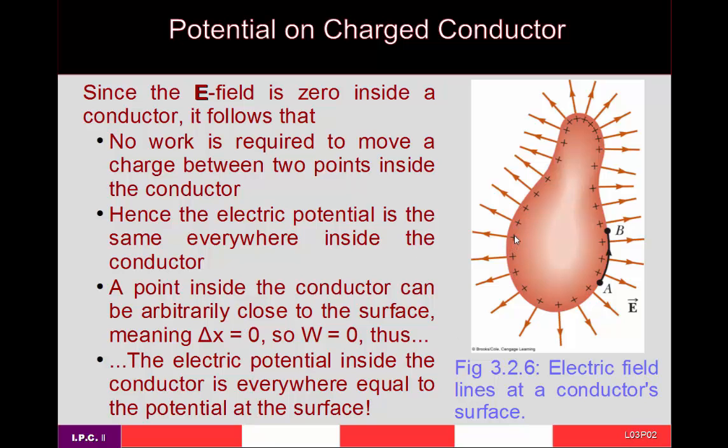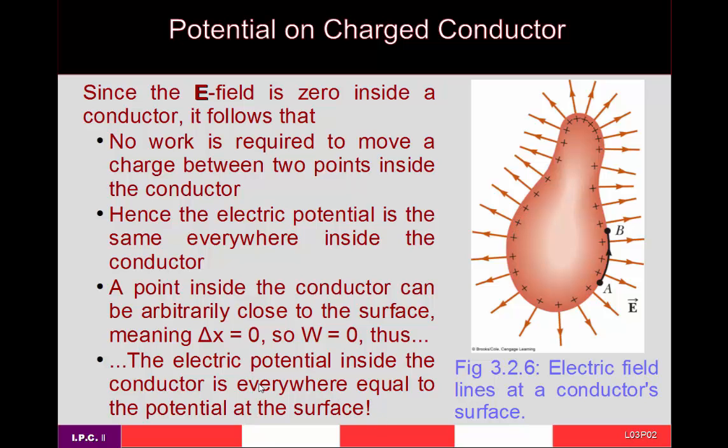We can choose our last surface inside the conductor to become arbitrarily close to the very surface, so that delta x equals 0. And since the work done is basically E times delta x, you have a work done of 0 for an arbitrarily close surface to the conductor's actual surface.